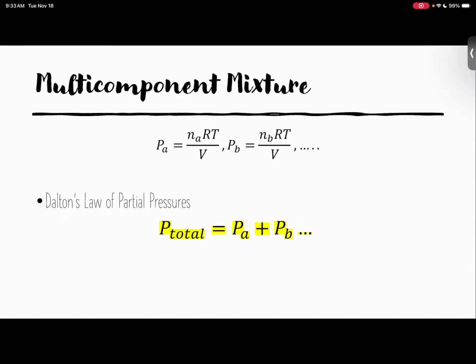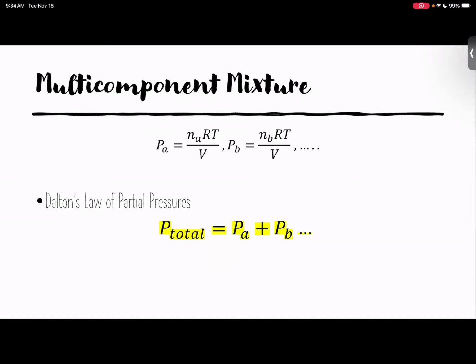Now, Dalton's law of partial pressures basically says that the total pressure is the pressure of each of the gas components summed together. It's the sum of each of the pressure of the gas components.